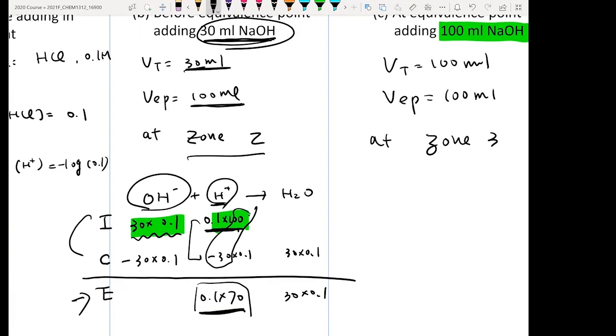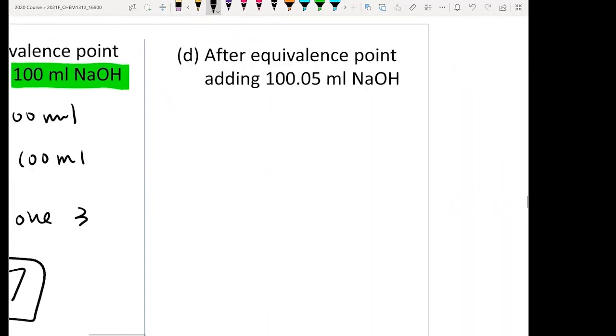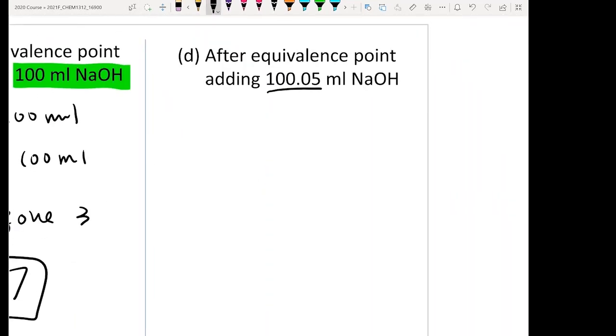They are going to interact and consume each other because they are the same amount, so all of them will be consumed. All you have is what? Water. So what is the pH of water? 7, right?